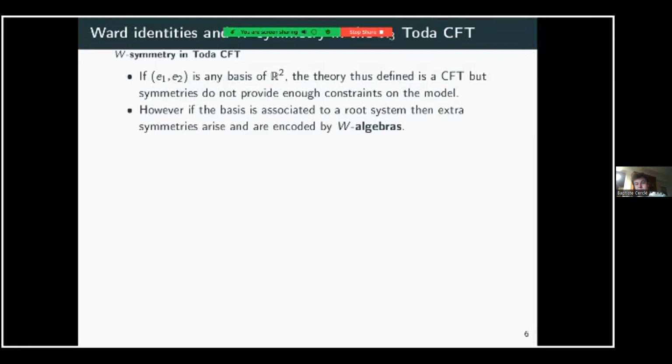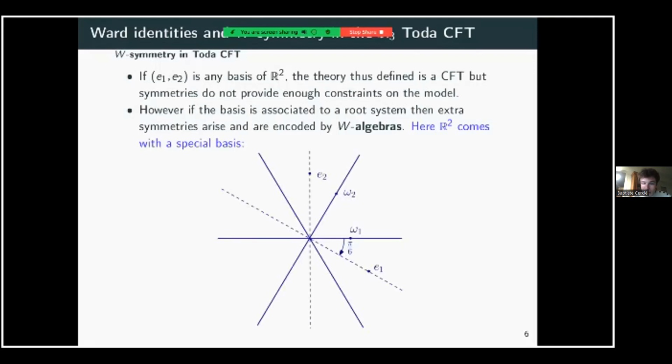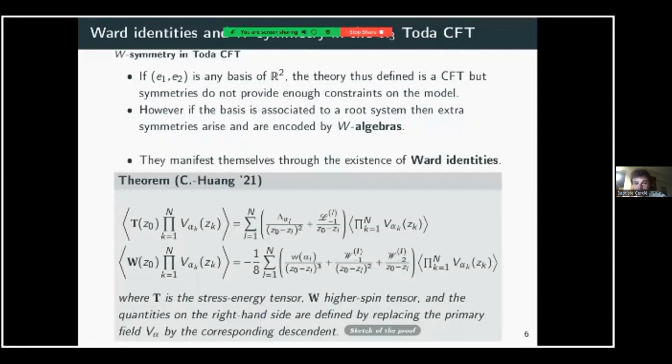By special is meant that this basis should be associated to some root system of a semi-simple complex Lie algebra. So here, this means that E1, E2 are given by precisely these vectors of R2. If you take any basis of R2, you don't have enough constraints. But if you take these very special vectors, then you will have extra constraints arising, and then your model will satisfy certain identities which encode this new level of symmetry.